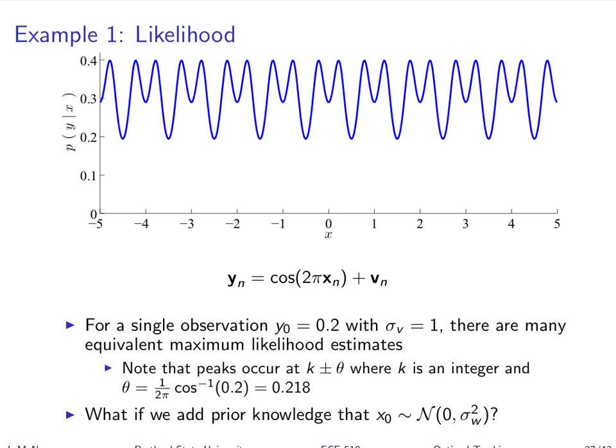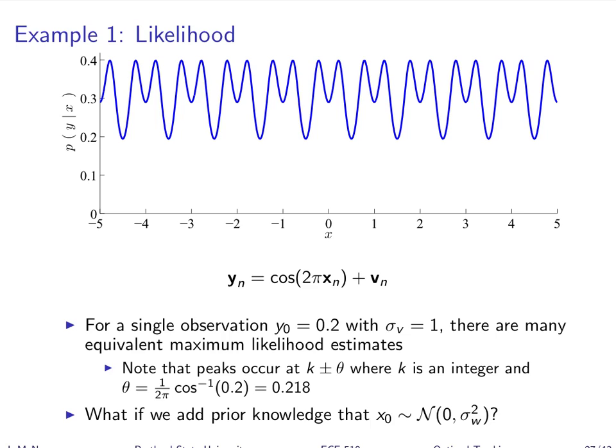I mean, being a cosine, if you're taking a cosine of something and you're trying to estimate what you're taking a cosine of, of course there are many equivalent angles that would generate exactly the same output for that cosine. We do have this noise as well, and that has a bit of an effect, but nonetheless, when we're doing maximum likelihood estimation and we say y0 is equal to 0.2, there are many equally likely values that xn could have taken on.